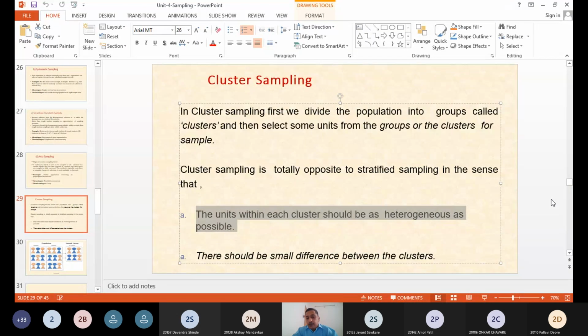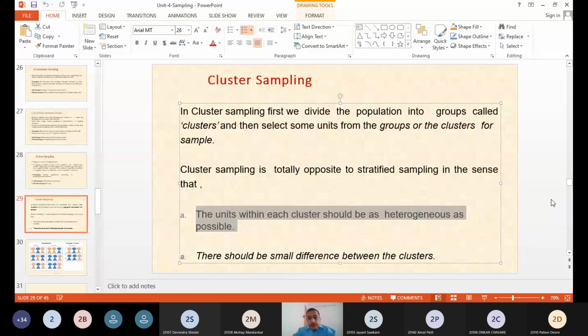In stratified sampling, the groups we prepared were homogeneous in nature. But here in cluster sampling, the groups are heterogeneous in nature. Heterogeneous means, anybody? Different. Heterogeneous means they have different characteristics or they are not similar.